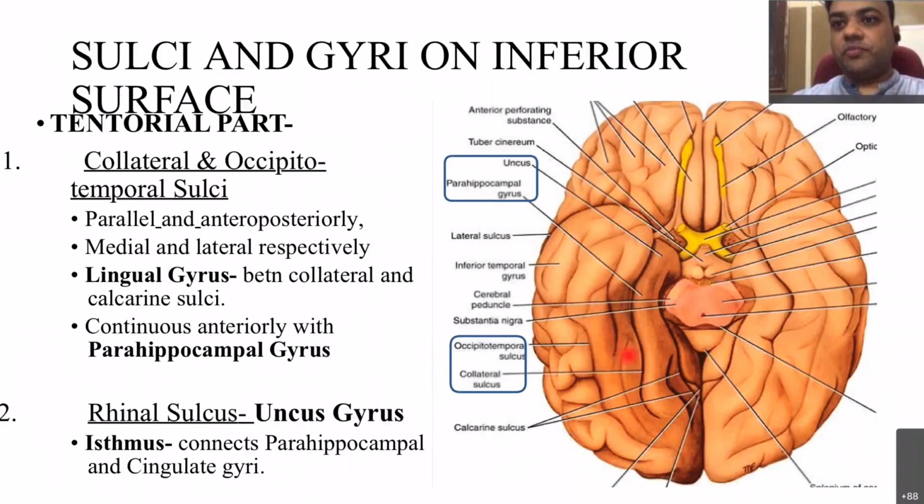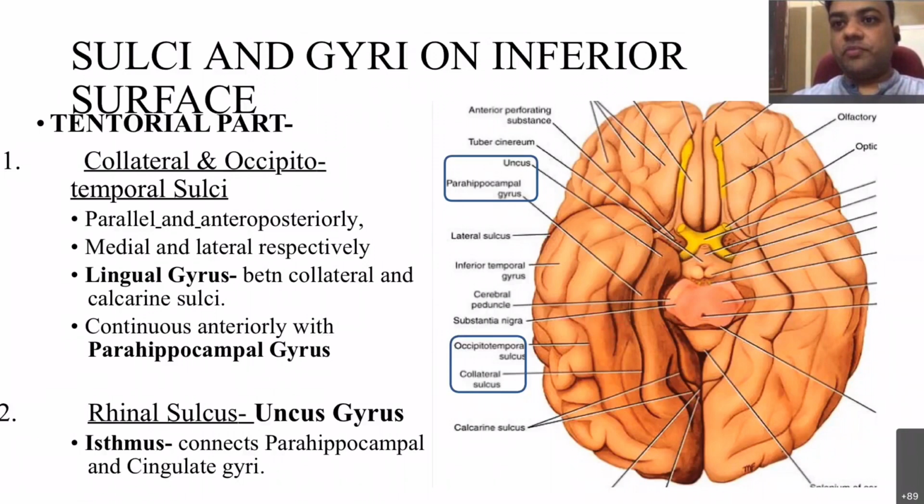This one. So medial to the collateral sulcus, we have seen all these structures: parahippocampal, uncus, lingual. Now lateral to that is the occipito-temporal sulcus. Medial to that is the medial occipito-temporal gyrus, and lateral to that is the lateral occipito-temporal gyrus.